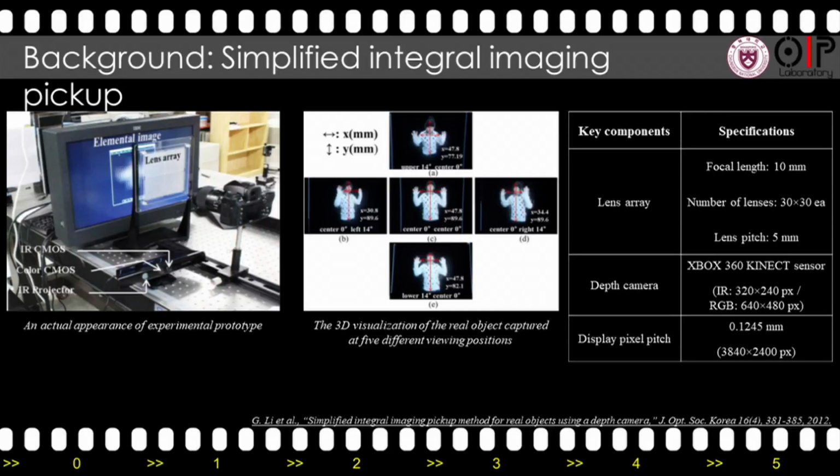This figure shows five different viewpoints of the reconstructed three-dimensional image. So we can see that the simplified integral imaging pickup method is an effective way to acquire the three-dimensional image of a real object through the computer-generated integral imaging scheme.